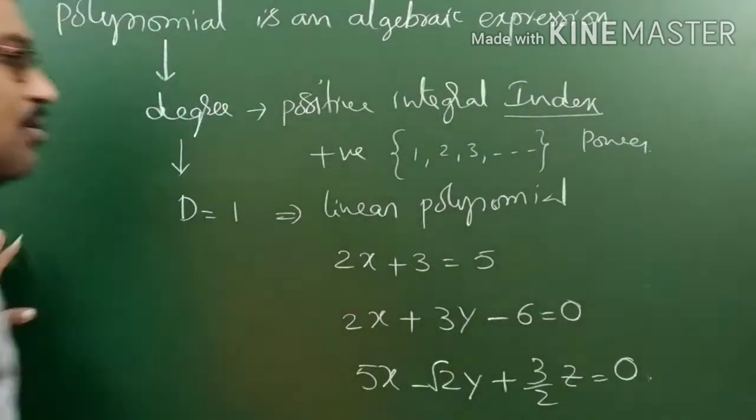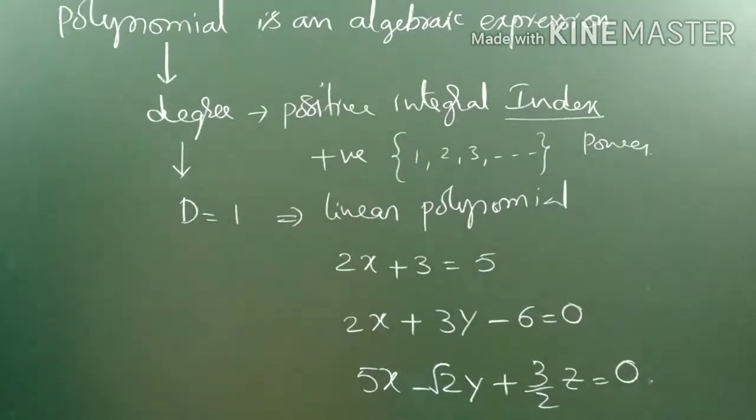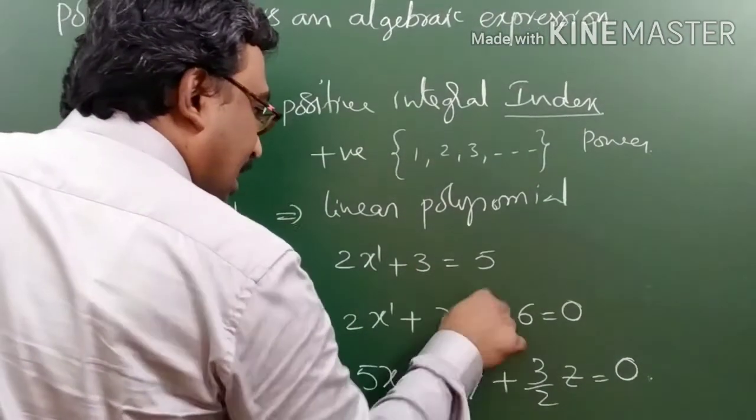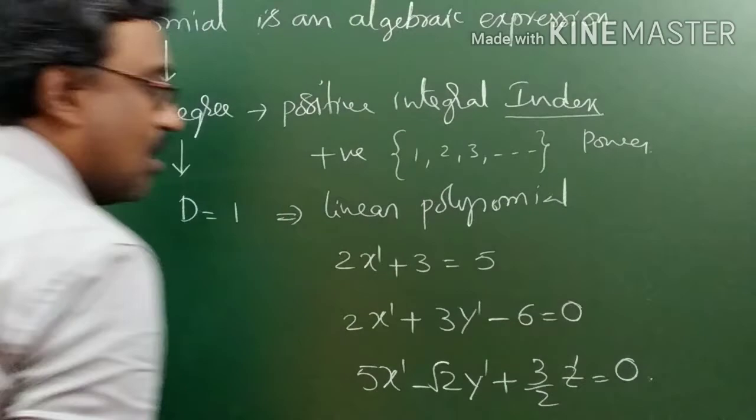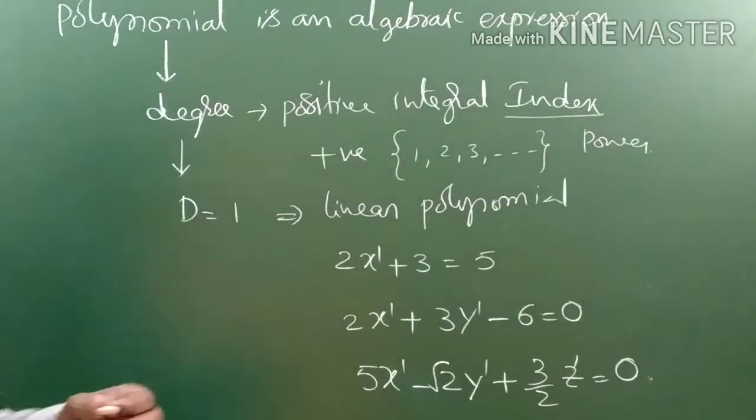In all of these the degrees are 1. These are all examples of linear polynomials.